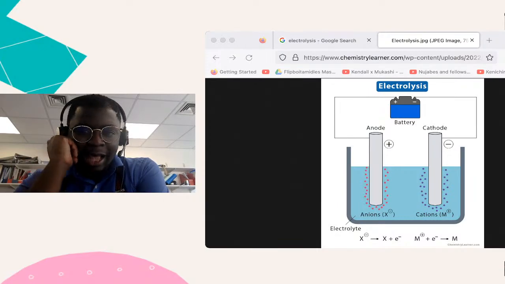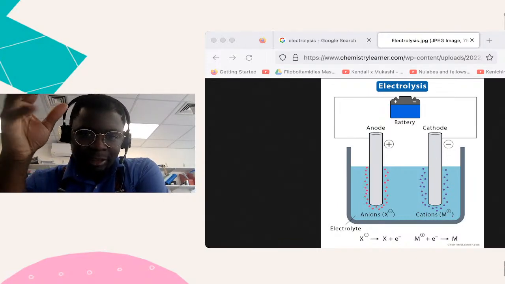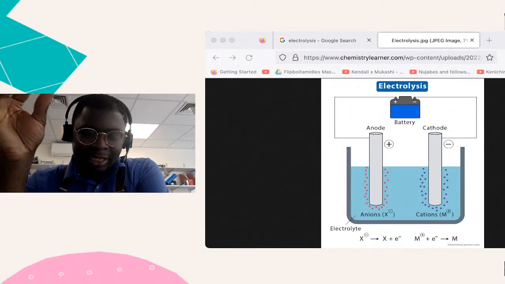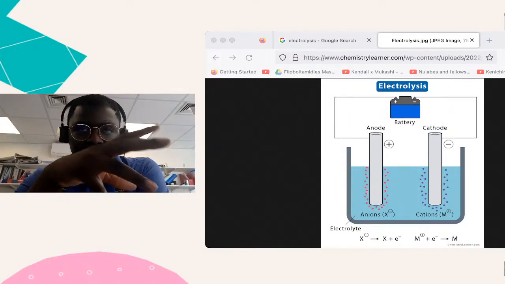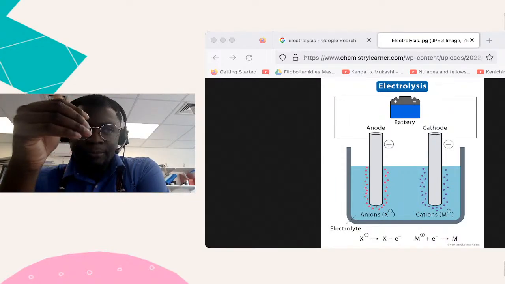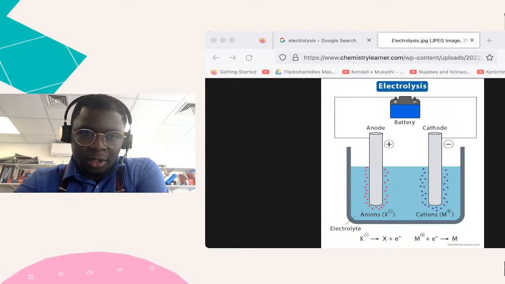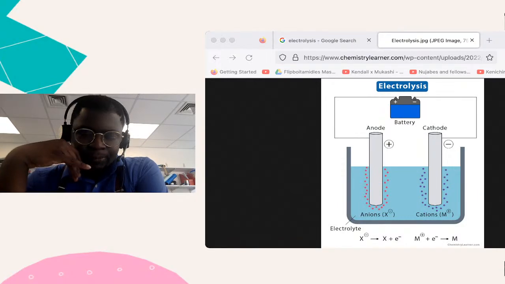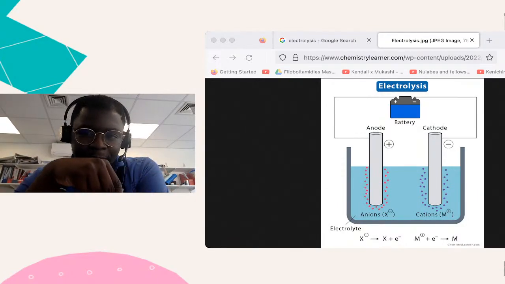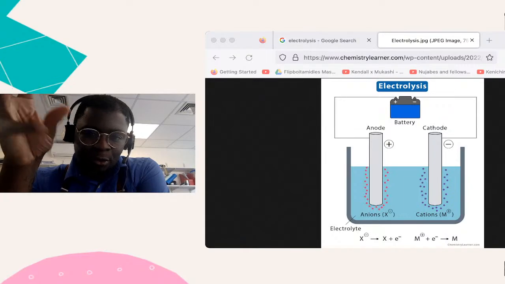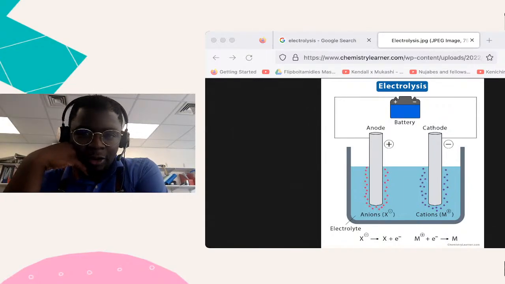So remember that at the cathode, your cations are positively charged, so they're going to go to the cathode. You're going to see reduction at the cathode, and you're going to see oxidation at the anode. So let's think here. What do you think would happen if I had a solution of my ionic compounds?